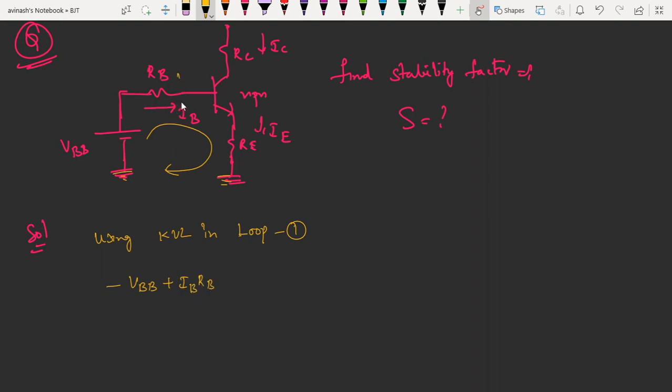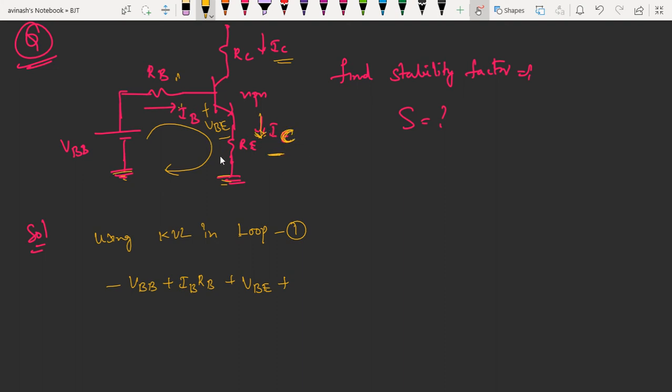plus the voltage appearing here, VBE, plus the current flowing through this part. IC and IE are both the same, so we can take IC here.